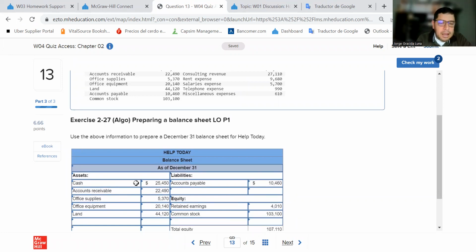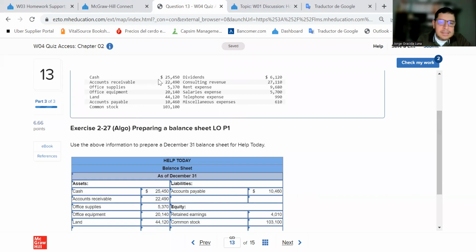We can see here cash, 25,450, and you can see the same amount here. Accounts receivable, 22,490. Office supplies, 5,370. Office equipment, 20,140. And finally, land, 44,120, are the same amounts that we can see here in this report.